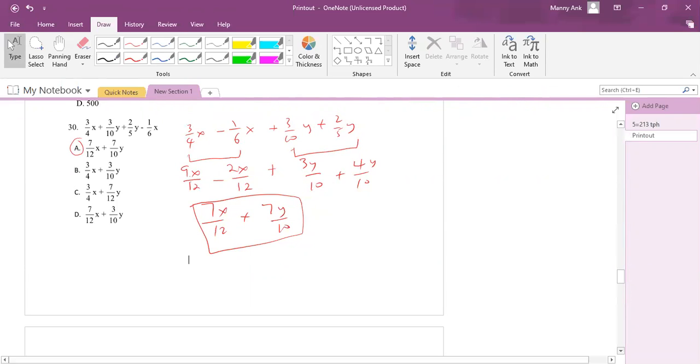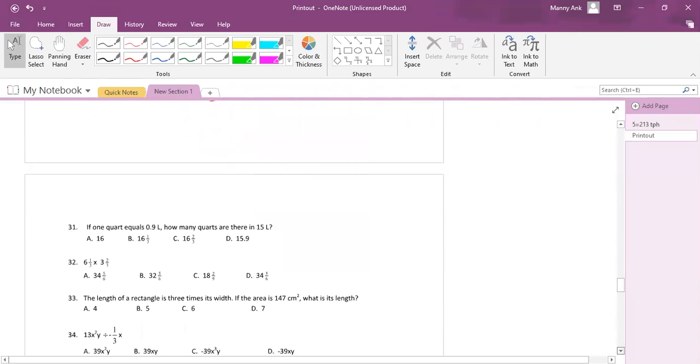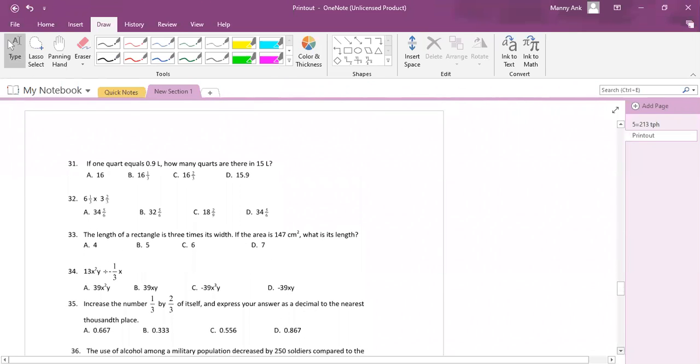Number 31. Let's look at 31. It says if 1 quart equals 0.9 liters, how many quarts are there in 15 liters? You can do proportion. 1 quart is 0.9 liters.